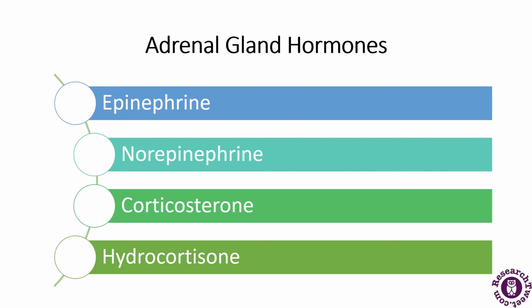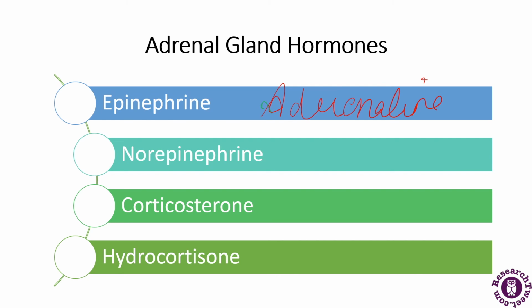Now, there are different hormones of the adrenal gland. What are these hormones? Epinephrine, also called adrenaline. This hormone rapidly responds to stress by increasing the heart rate and raising blood glucose levels.